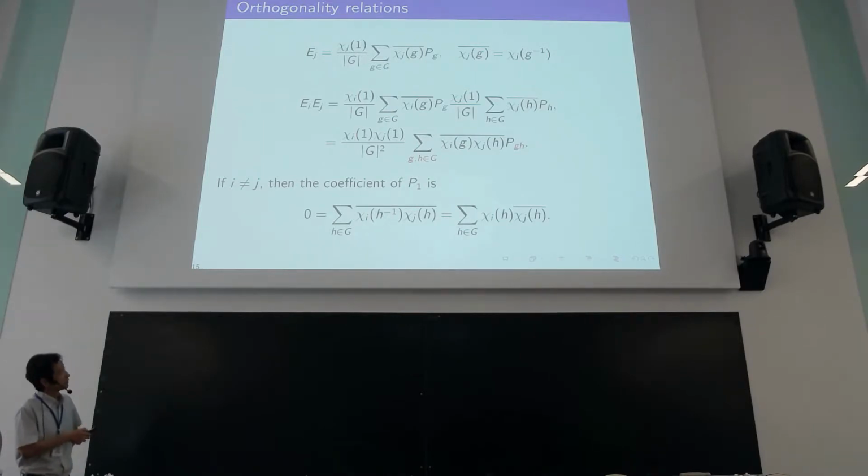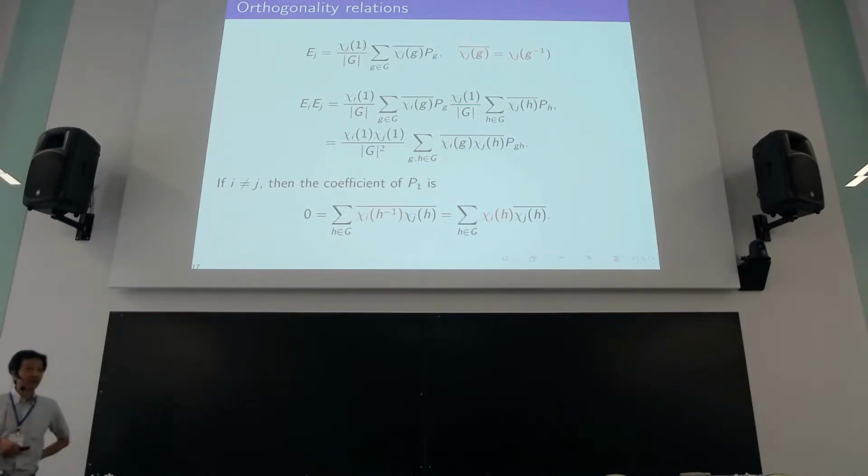And then the conjugate on top of h inverse just disappears because of the property I mentioned, that it is Hermitian. The property that comes from the Hermitian matrix is that this inverse conjugate is just itself. So this is the orthogonality of two different characters.